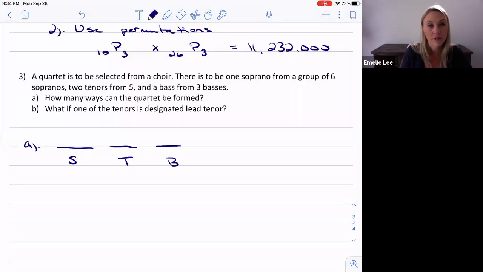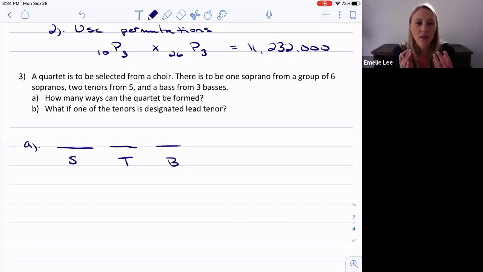A little bit different than what we were seeing, right? Could you go through and make the slots? I don't know, I haven't tried it out. Yeah, because it doesn't matter which order I pull the tenors from, these are going to be combinations.